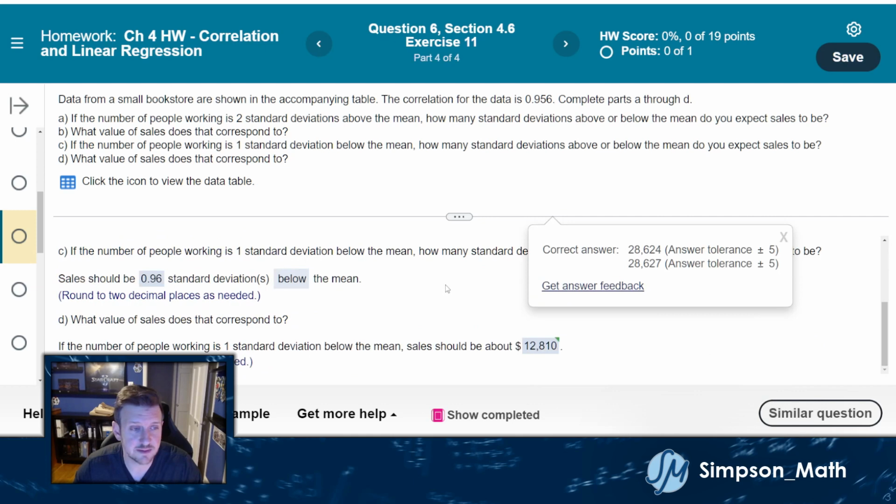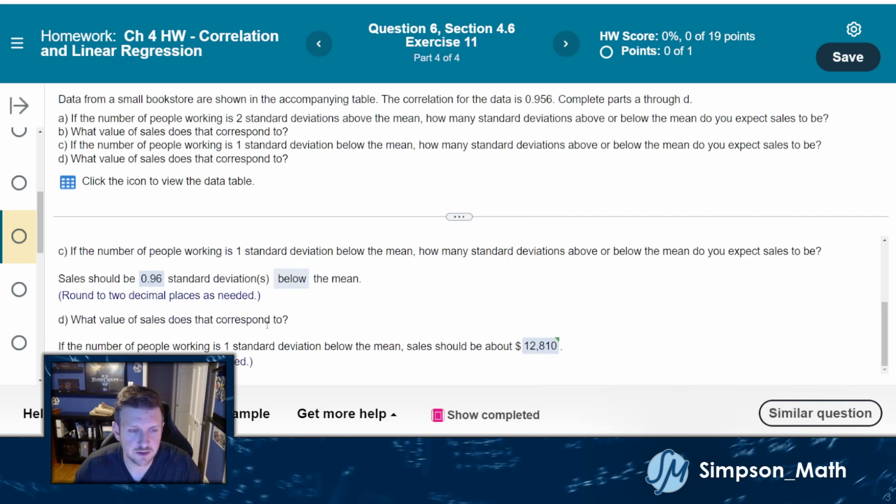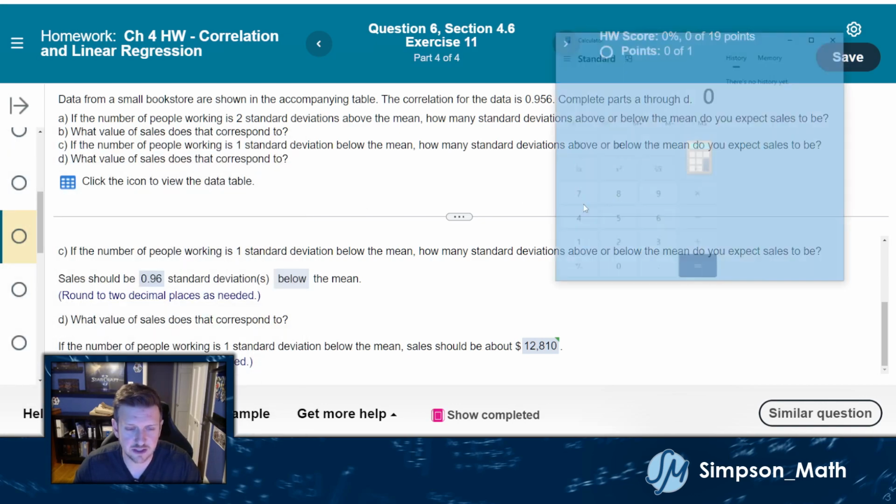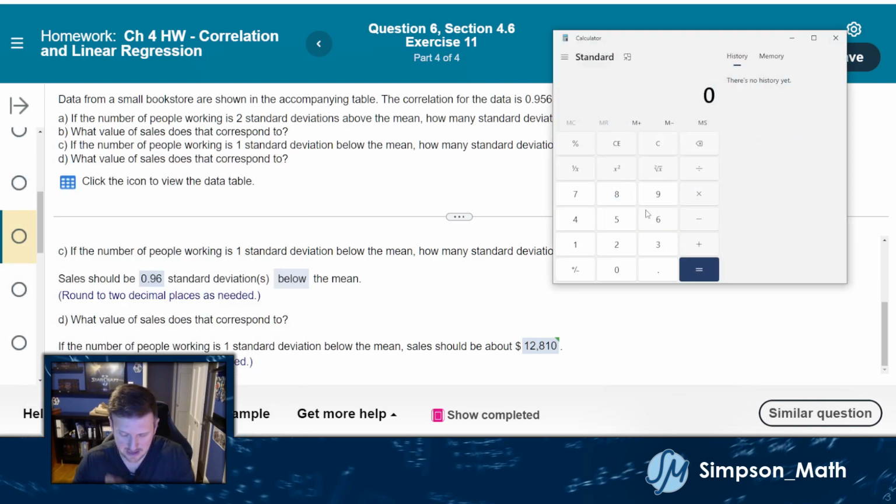All right, so then we're going to do something similar for letter D. So D is if I'm one standard deviation below the mean. Let me get my calculator back. One standard deviation below the mean. So then I'm going to now take my standard deviation of 5.51.